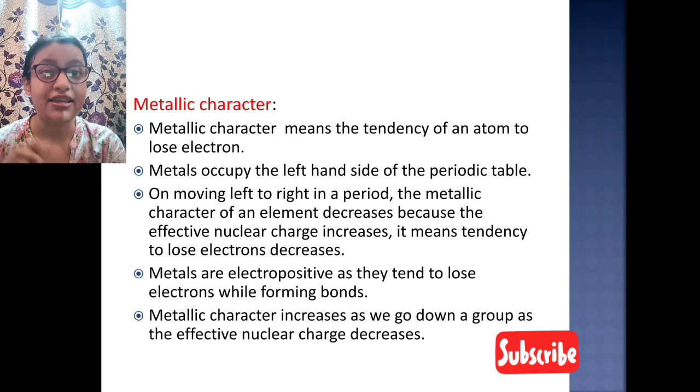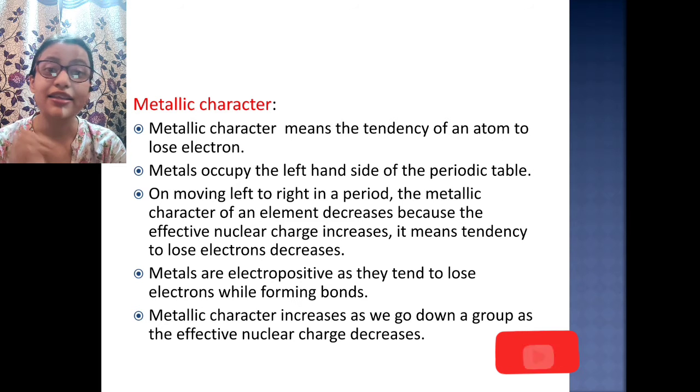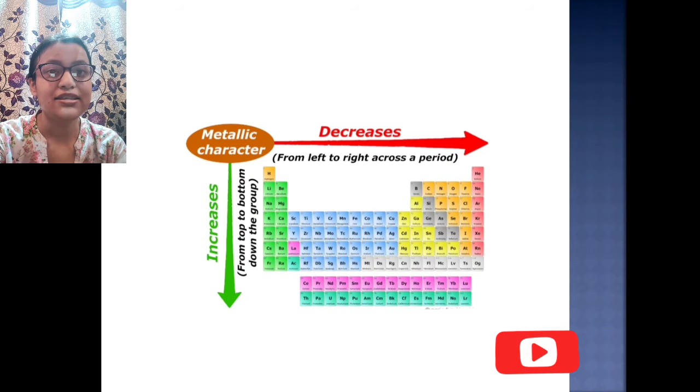The metallic character decreases on moving from left to right in a period, and it increases when we go down the group. You can see in this periodic table that it decreases from left to right across the period and increases from top to bottom down the group.